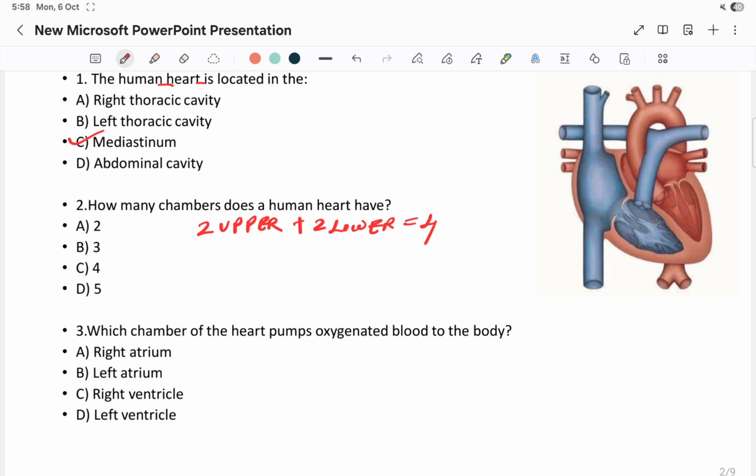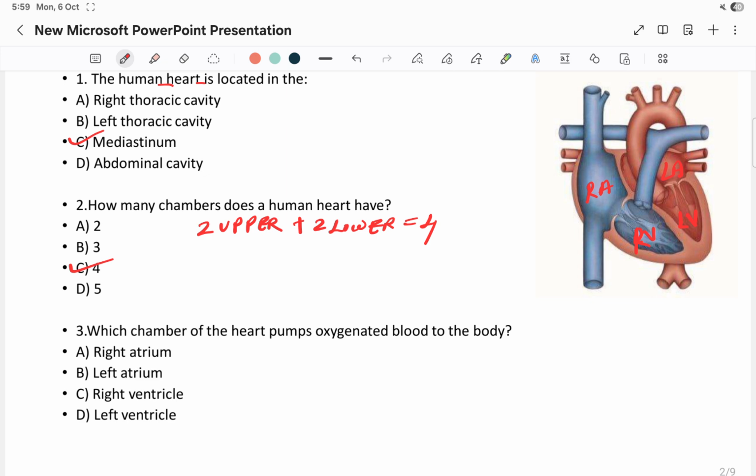So the correct answer is option C, 4 chambers. The 2 upper chambers are known as the right atrium and left atrium, and the 2 lower chambers are known as the right ventricle and left ventricle. Clear? Next question. Which chamber of the heart pumps oxygenated blood to the body?